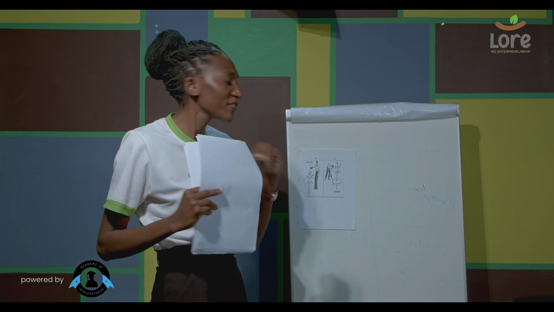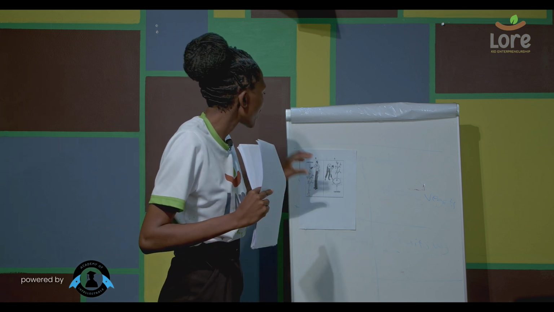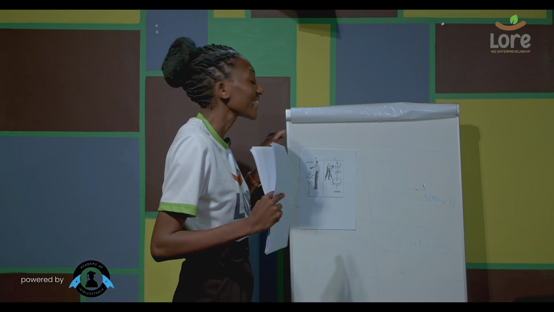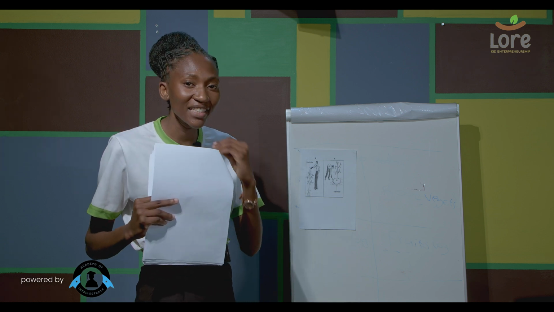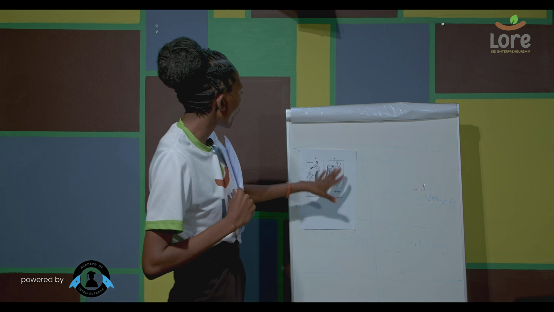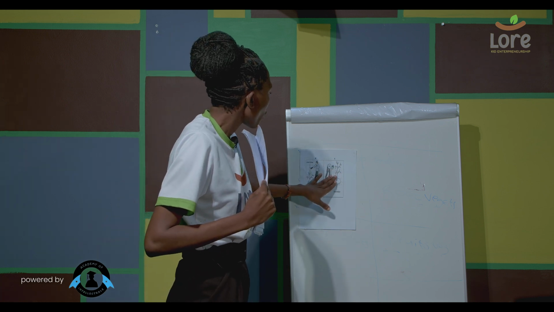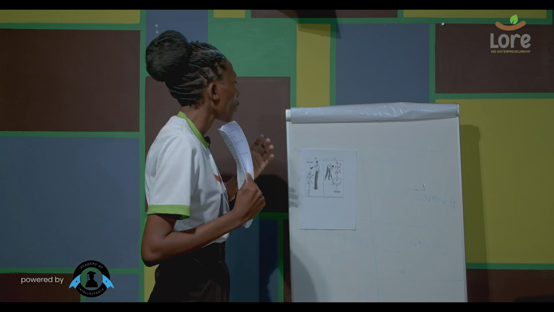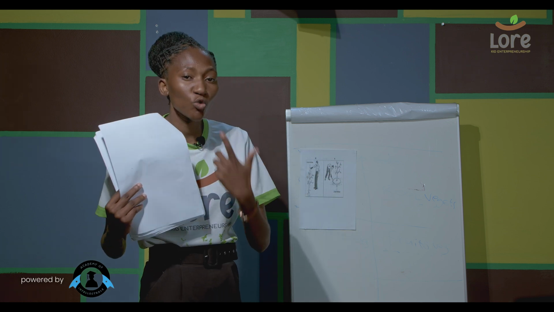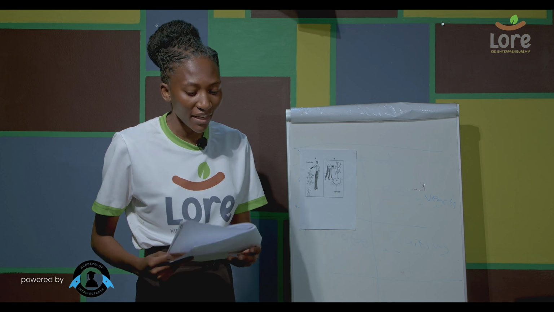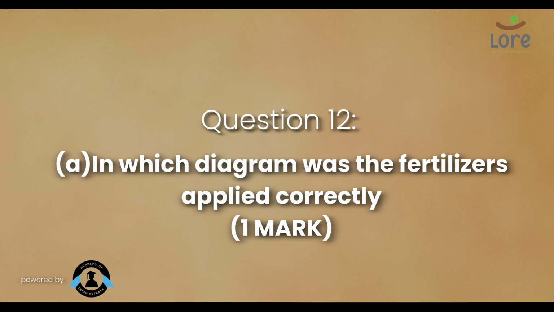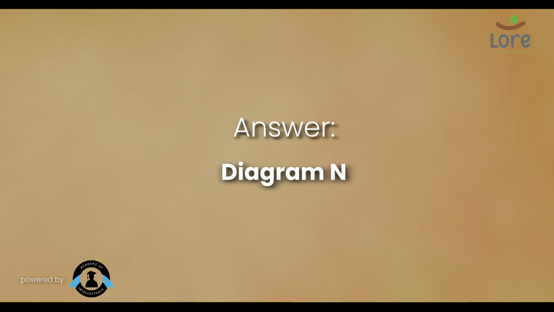Fertilizers can burn the leaves. And the advantage of applying fertilizers close to the roots is that it's easy for the plant to absorb those fertilizers. Now back to our question: in which diagram was the fertilizer applied correctly? Our answer is diagram N.